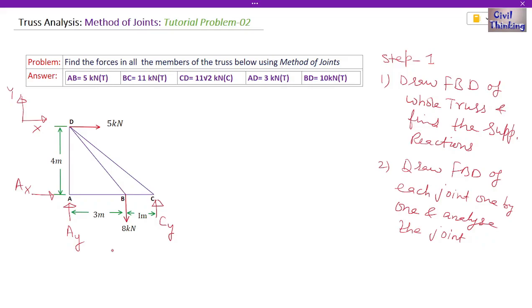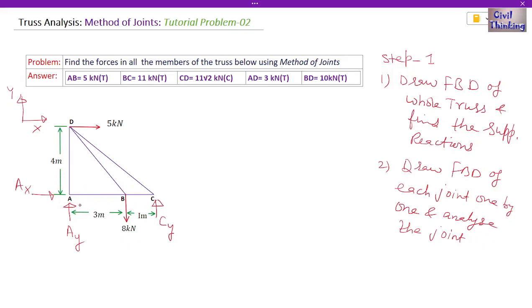But if for any support reaction we get a negative value, that means the direction of that reaction was wrong and the actual direction is opposite to what we assumed. So this is the free body diagram.